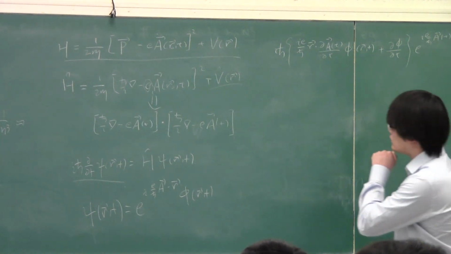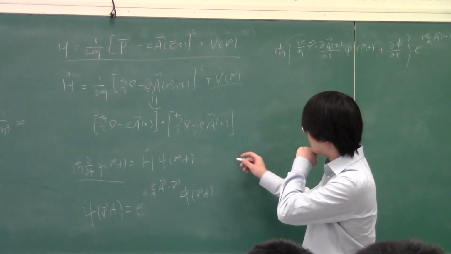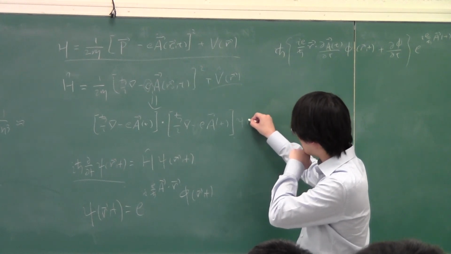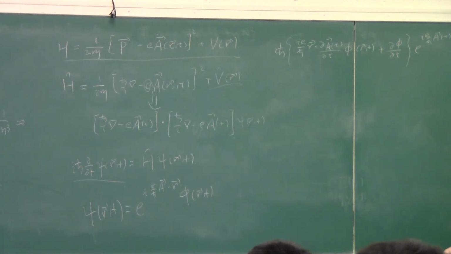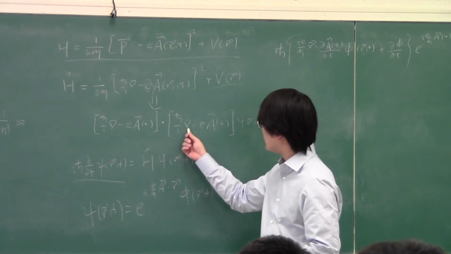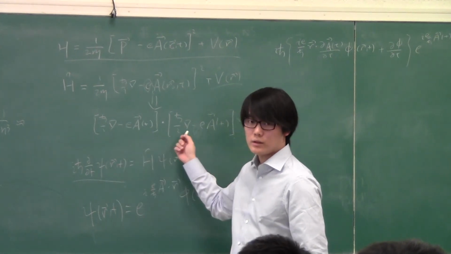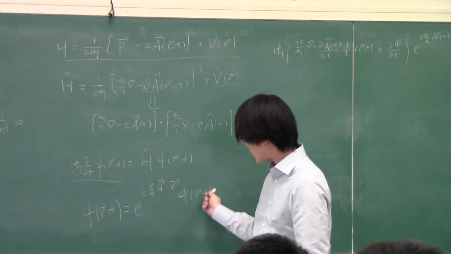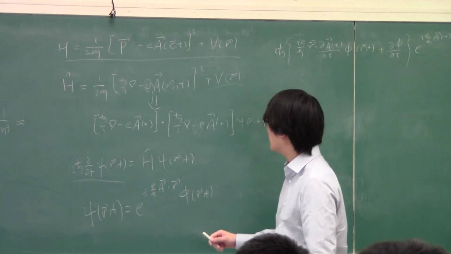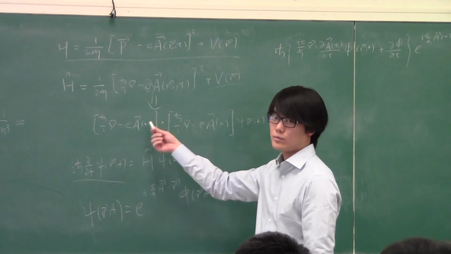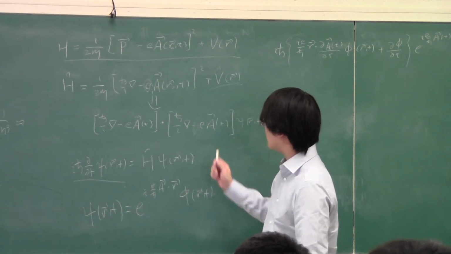Right? So now this thing is going to operate on psi of R and t. Right? Now let's think about how many terms we would have. So these differential operators, they're only going to operate on psi of R. Right? And then everything else is just multiplicative because A has no R dependence.